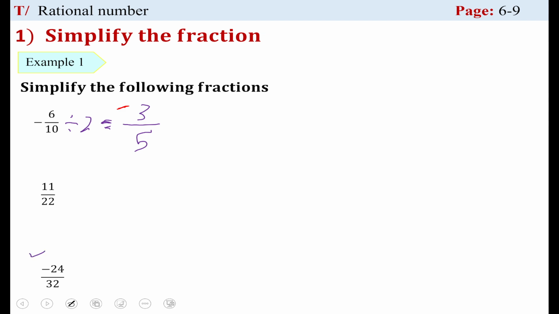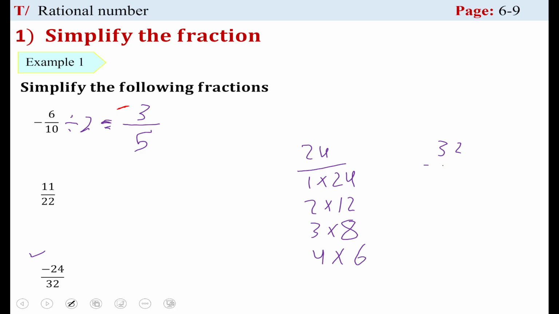Okay. And question 3, this question, we can use the divisibility. The last digit of both numbers is even, so we can look at 24 and 32. 24: 1 times 24, 2 times 12, 3 times 8, 4 times 6 are all 24. 32: 1 times 32, 2 times 16, 3 we don't have it, 4 times 8 is 32, right?